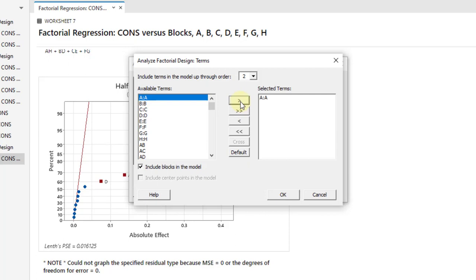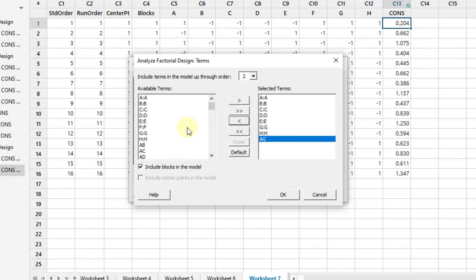So A, B, C, D, E, not F, G, H, and now two interaction terms we have to enter: GH, this AG, and then we move AH there. After that we will be able to perform the analysis again, so that we have our model terms that we want to retain in our model.